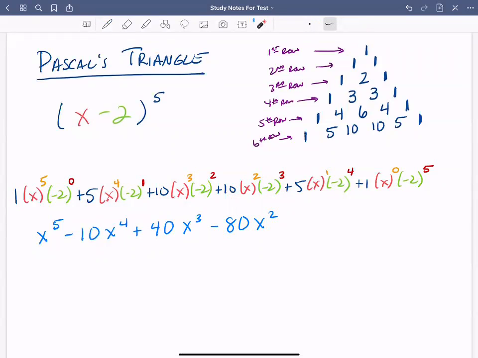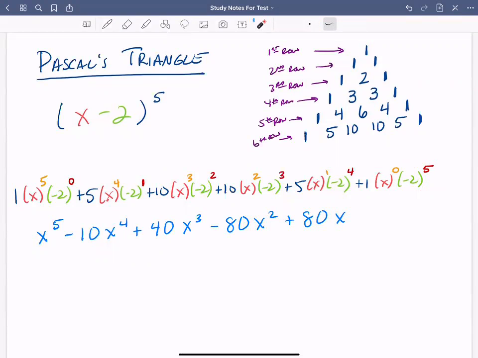Now next we have -2 to the fourth power. And -2 to the fourth power is +16. This right here is +16. And then we have times 5. So we have +16 times 5, which gives us a +80. And then we still have just x to the first power. Last here, we have -2 to the fifth.